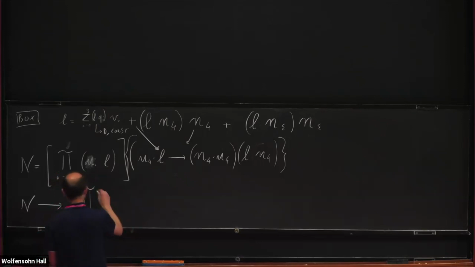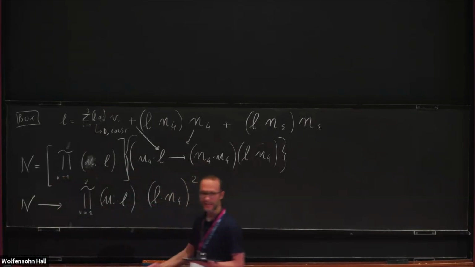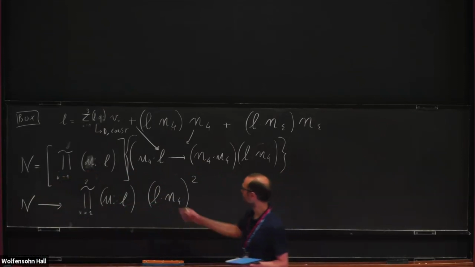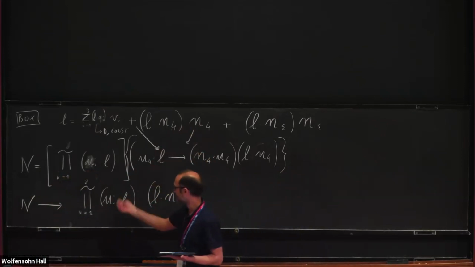Here, I only have two of these, and then something which is reducible, and the only part which is not reducible is some (l·n4) squared. So basically, I'm using this systematically to reduce, and get back to something like that.